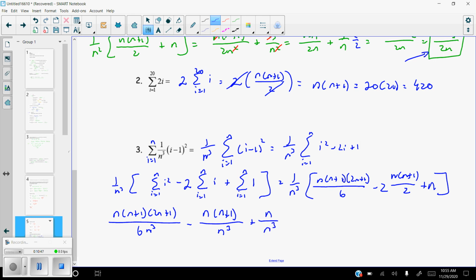That's distributing the n cubed. Now we're going to simplify. So it looks like I'm going to be able to get rid of an n on every one of these. That'll become a squared. That'll become a squared. That'll become a squared. That's nice.